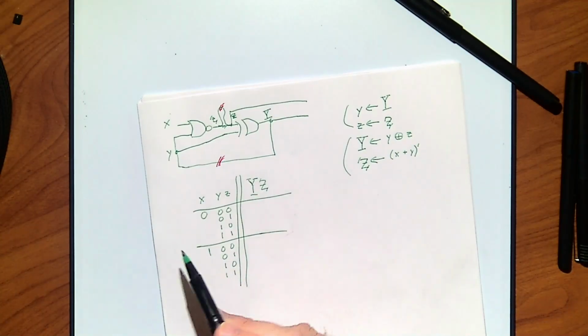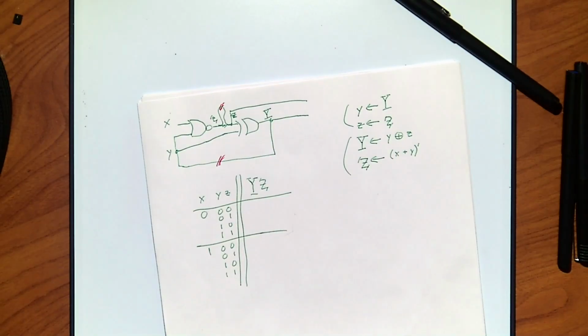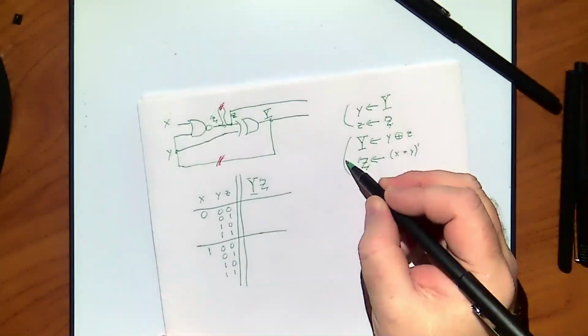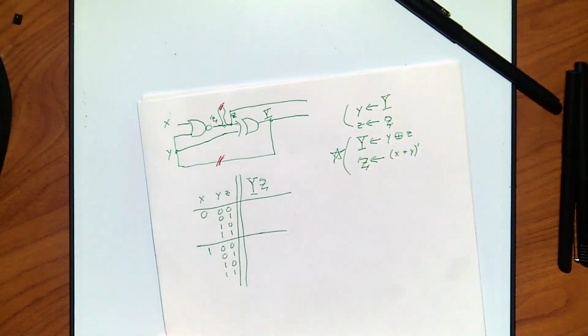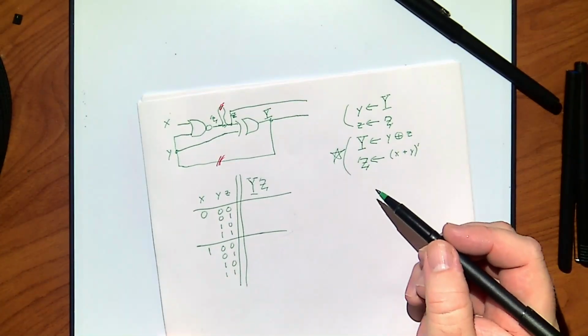This is my possible values the inputs could take, and maybe none of them actually end up being achieved, depending on how this is set up, but this is what could be under some case. And I know, according to these equations right here, how to actually calculate those capital Y's and capital Z's. So I can just go in for each one of these.